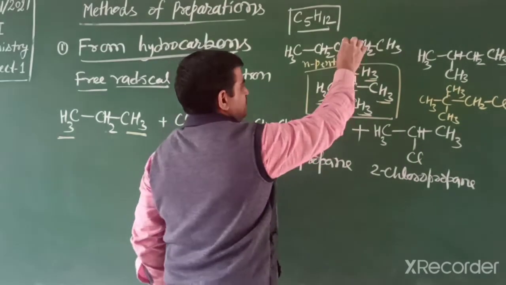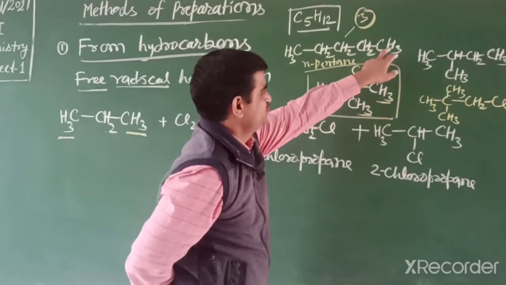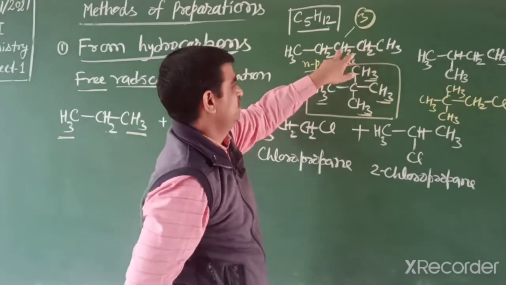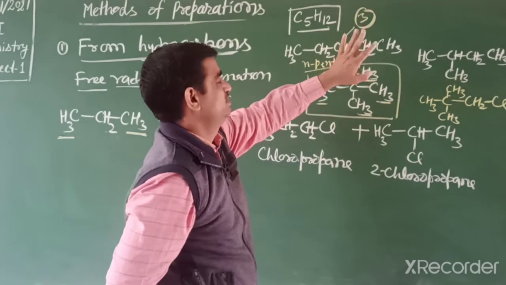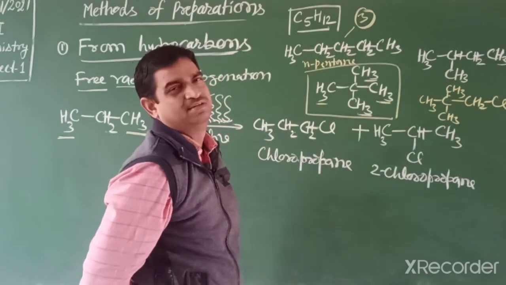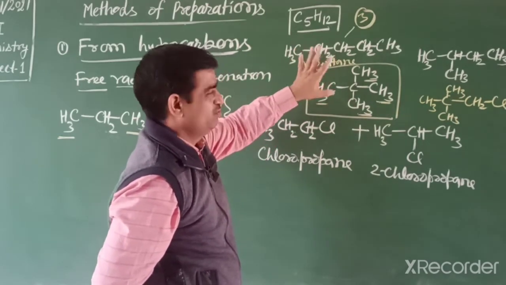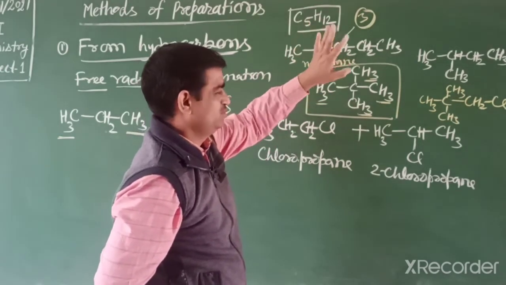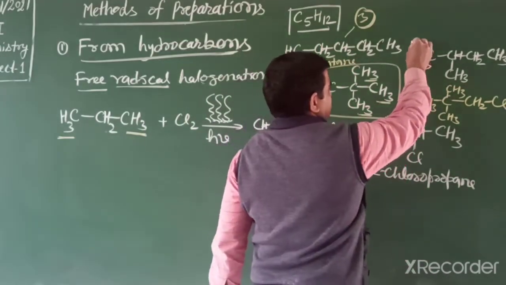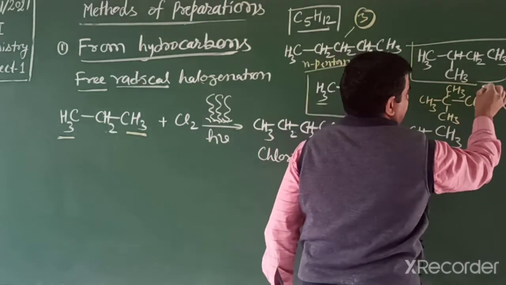So by this we get 3 different products. So normal pentane provides 3 different isomers. Now if we replace 1 hydrogen by 1 chlorine in this compound, isopentane.